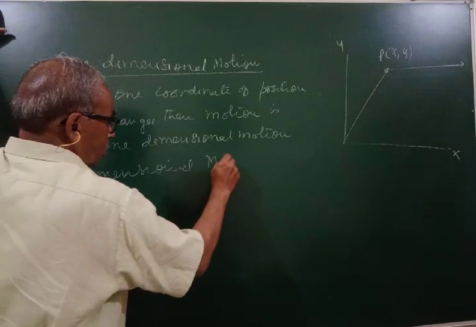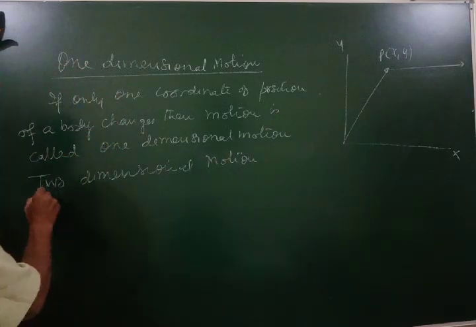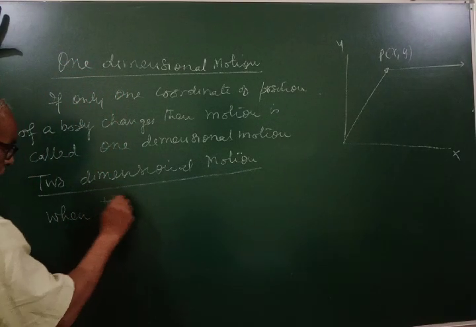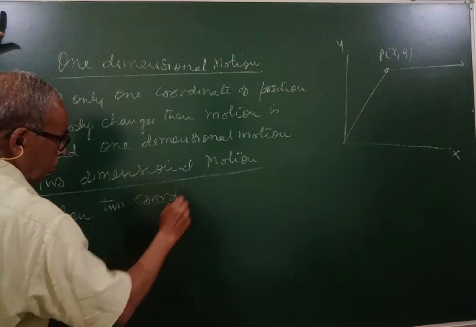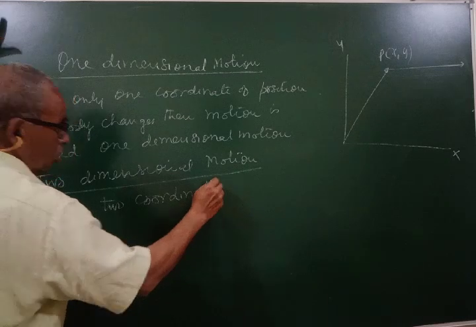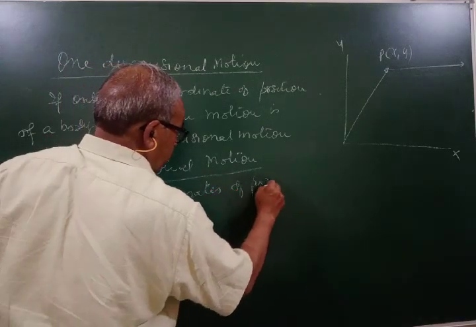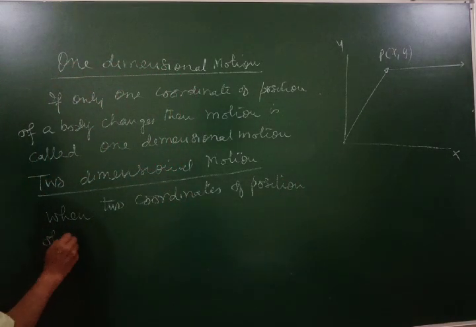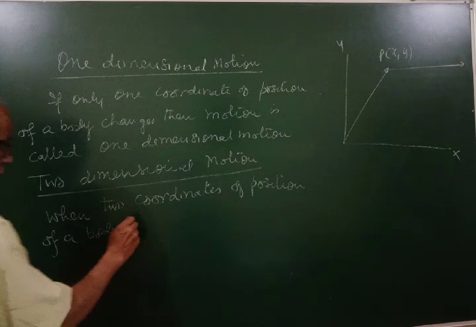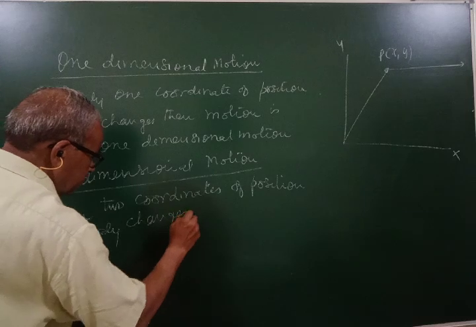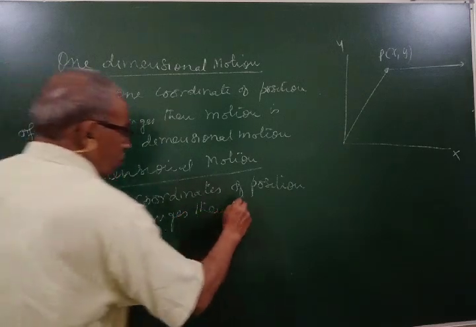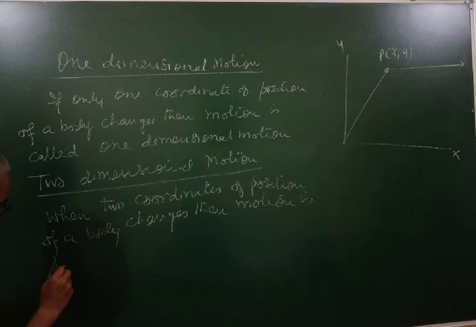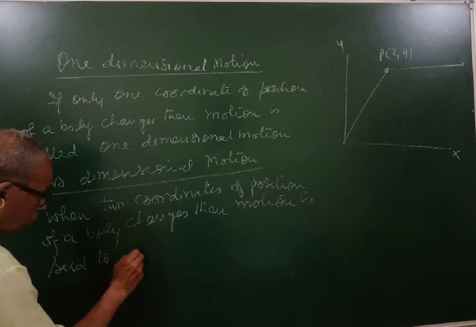Two-dimensional motion: when two coordinates of the position of a body change, then the motion is said to be two-dimensional.